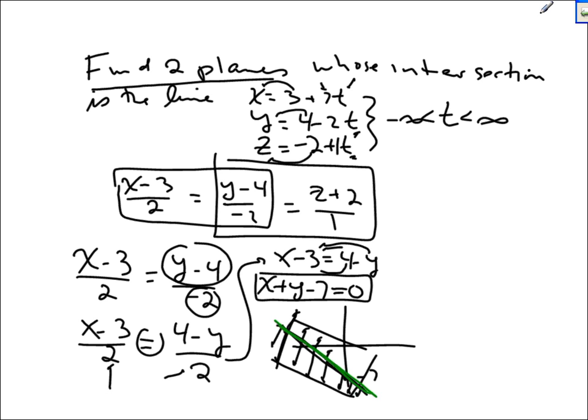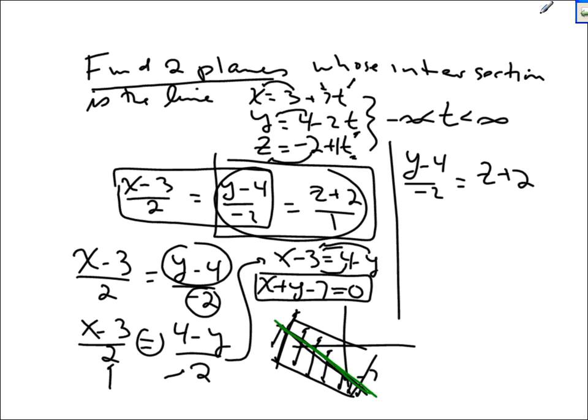Now, let's do the other half. What if we just deal with these two? You have (y minus 4) over negative 2 is equal to (z plus 2) over 1. I don't ever bother dividing by 1. This product, which is negative 2z minus 4, should equal 2y minus 4. They both have negative 4 on both sides, so they cancel out.